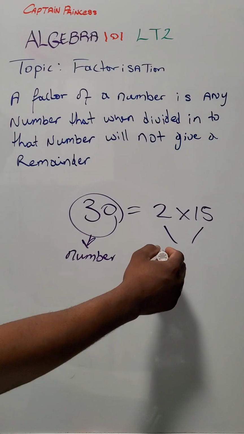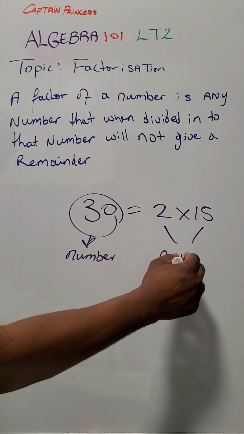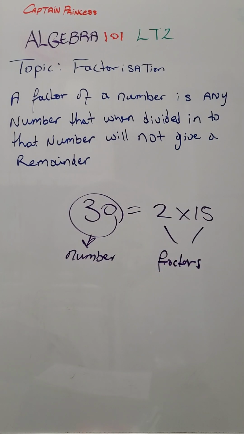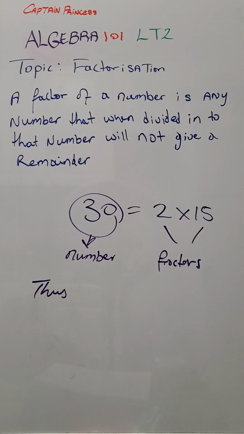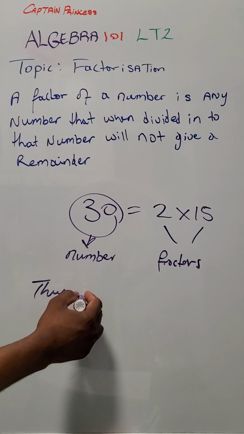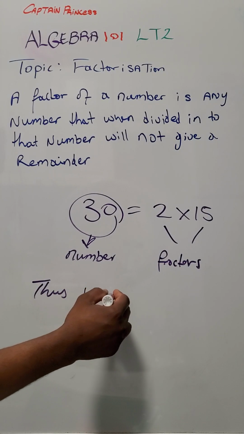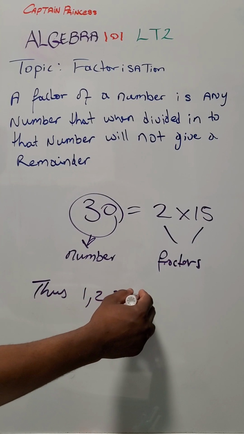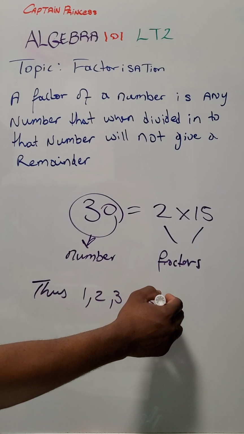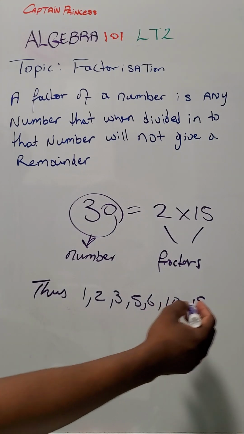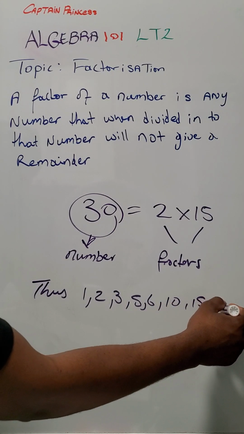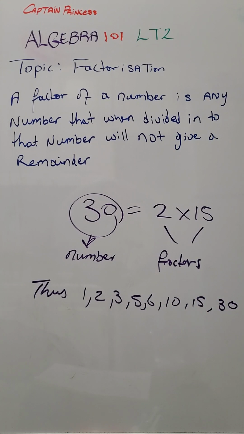So thus, for number 30, the factors are 1, 2, 3, 5, 6, 10, 15, and also 30 itself. So the number itself forms a factor of its own self.